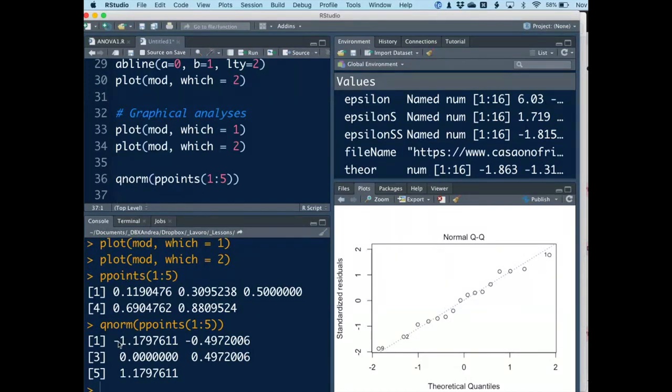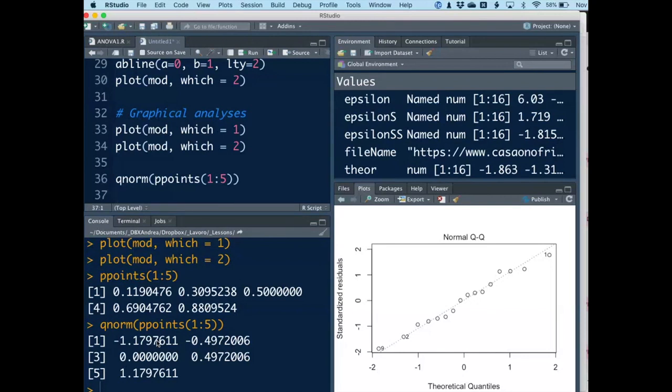If my residuals are really Gaussian, they should match these theoretical percentiles. I hope this is clearer now. Good. Thank you for your question.